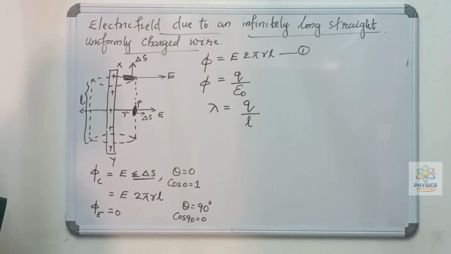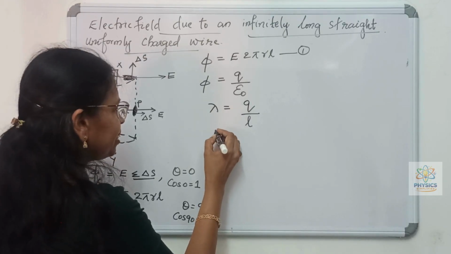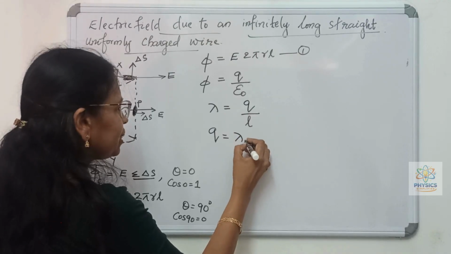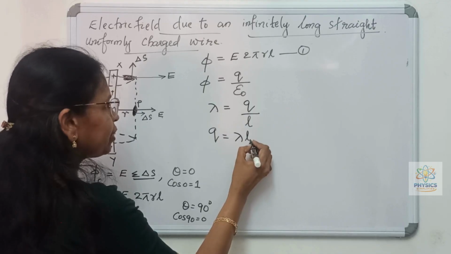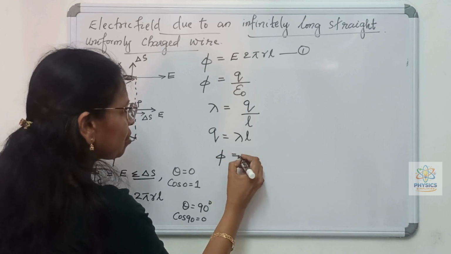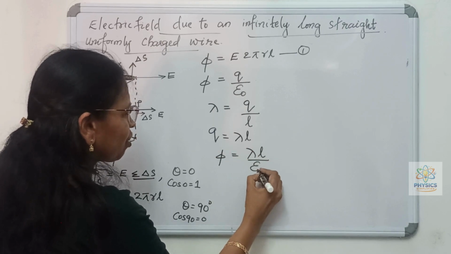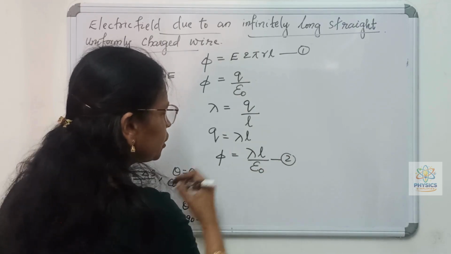So, linear charge density lambda is equal to Q by L. From this equation we can write Q is equal to lambda into L. Therefore, if we substitute the value of Q in this equation, we get phi is equal to lambda L by epsilon 0. Take this as equation number 2.